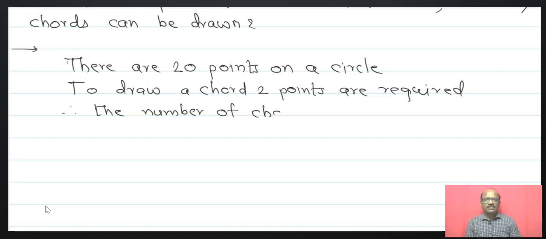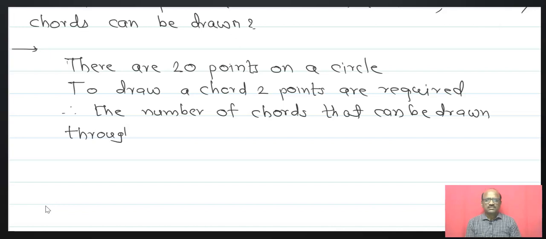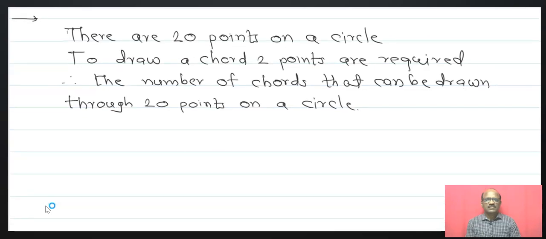Now we have the 20 points. Therefore, the number of chords that can be drawn through the 20 points on a circle is equal to 20C2.